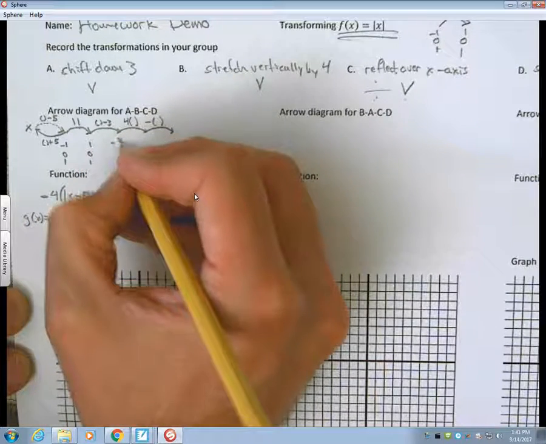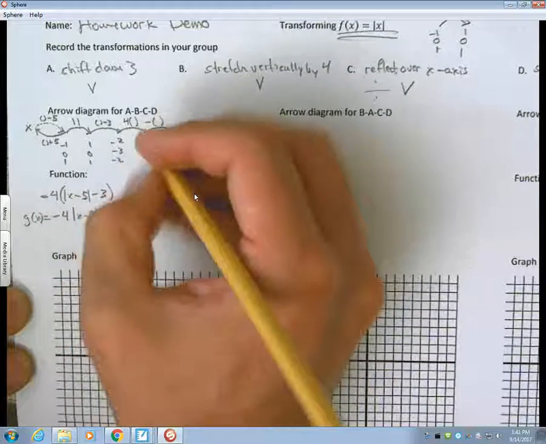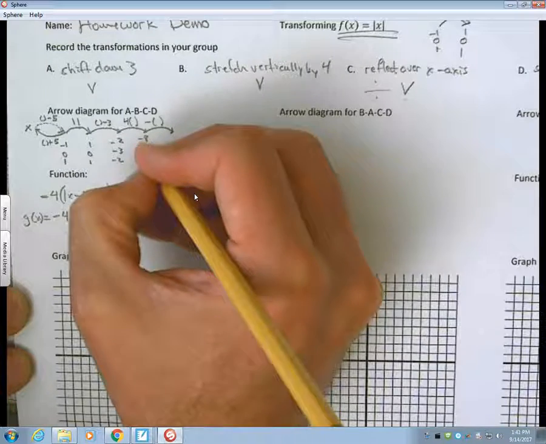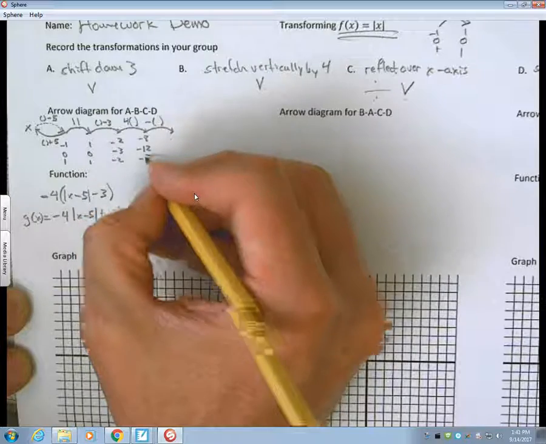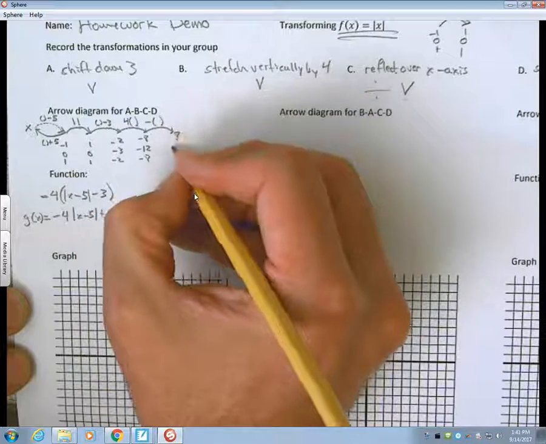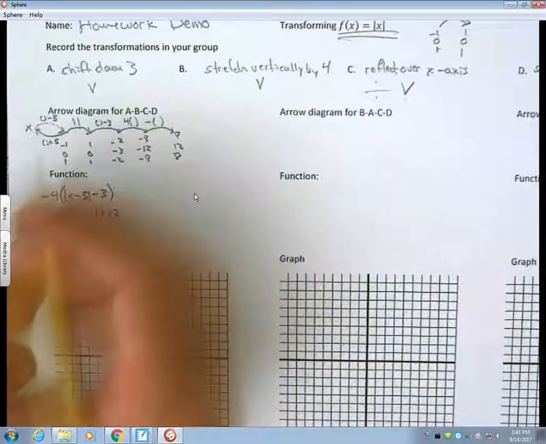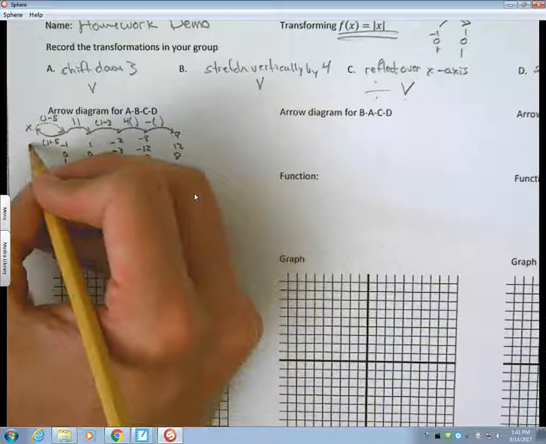Multiply all those by 4, so -8, -12, and -8. And change the signs on them, and I get an 8, 12, and 8. And over here, I just have to add 5 onto everything, so that's going to make this a 4, 5, and 6.